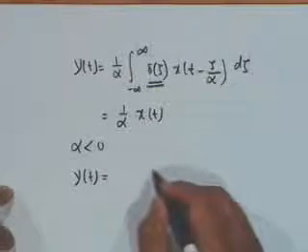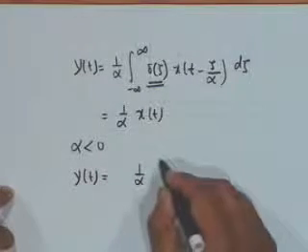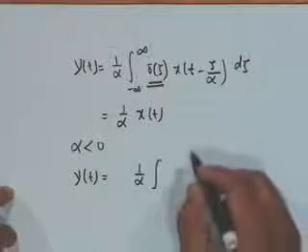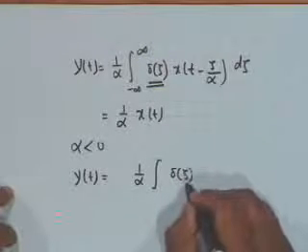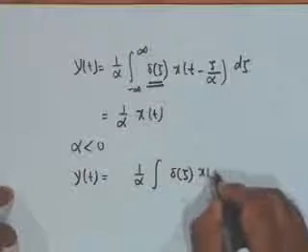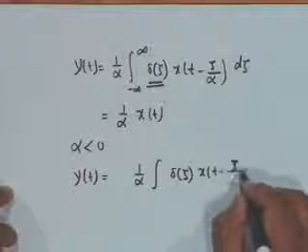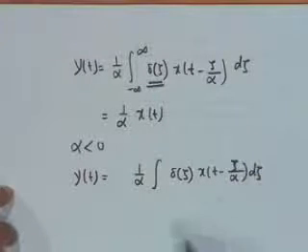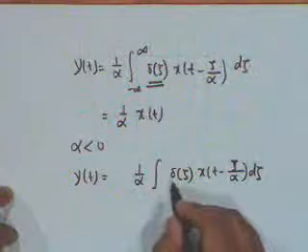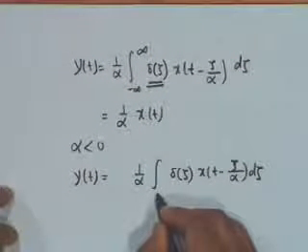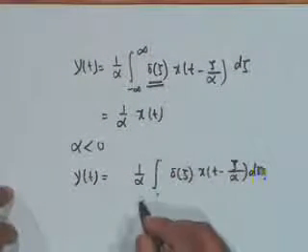Okay. If alpha is negative, then everything remains the same except the limits of the integral. You get the same thing, delta(zeta) x(t minus zeta by alpha) d zeta, except that the limits will now change from plus infinity to minus infinity.